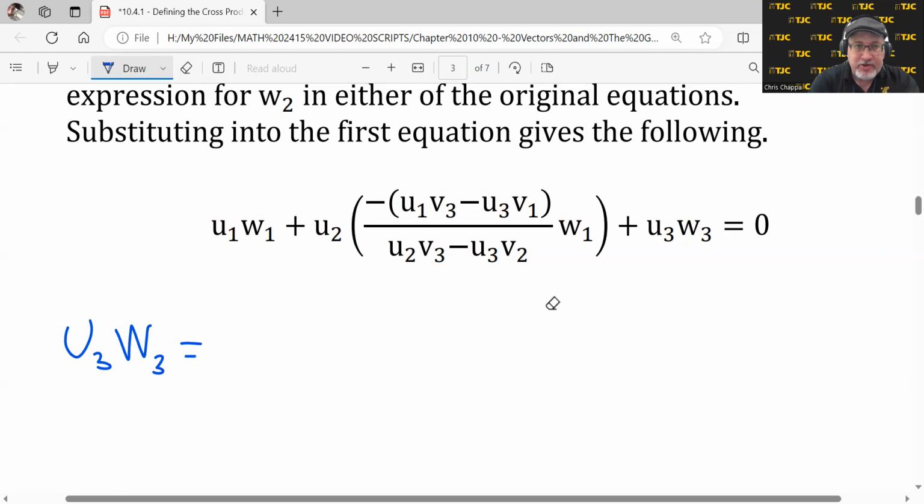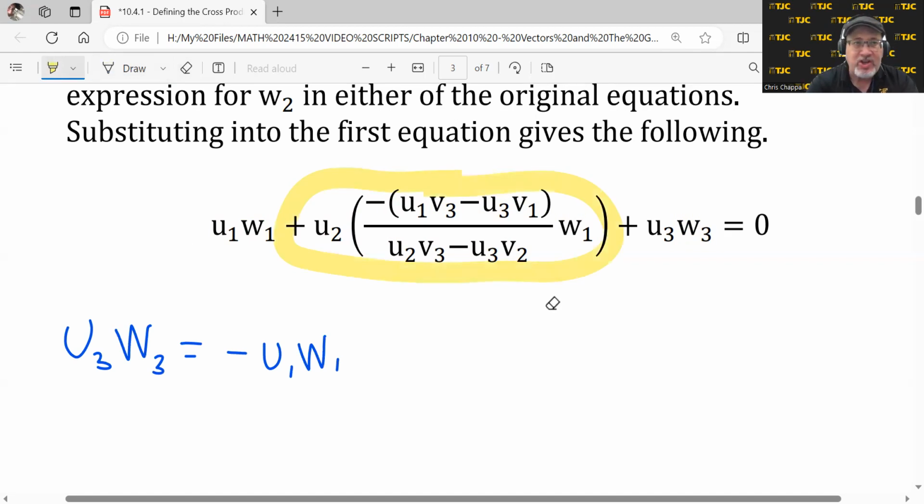And if we move this term from the left to the right, it will become negative. So minus U1, W1. And if we move this whole term to the right, it'll change signs, but I'm going to capitalize on the fact that it currently has a negative sign on it.